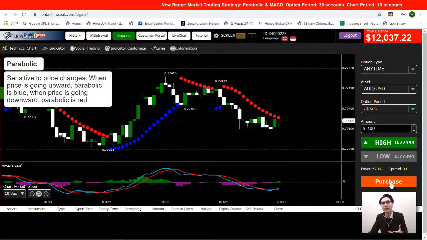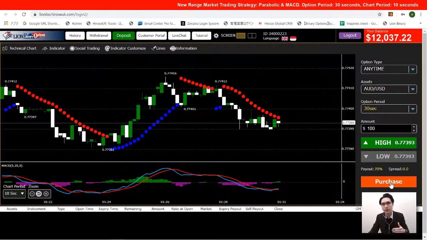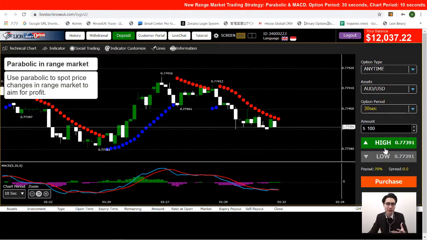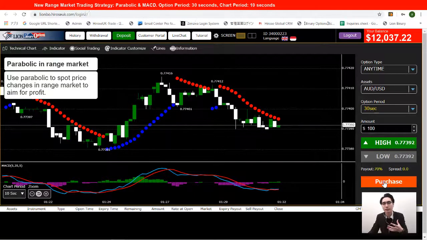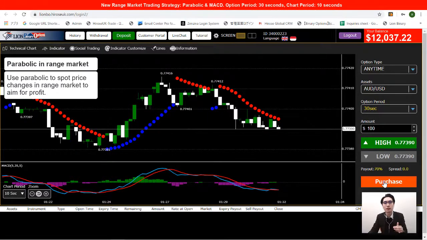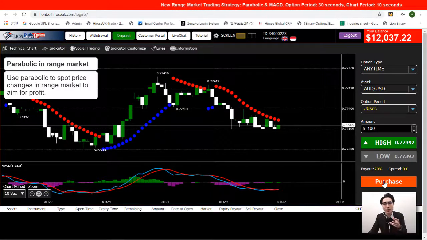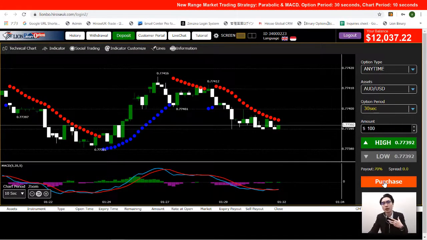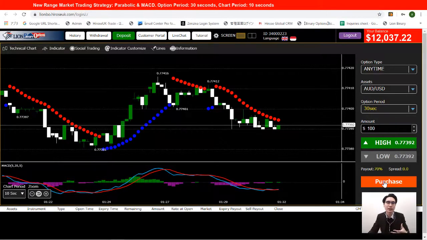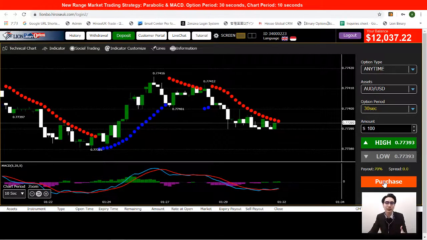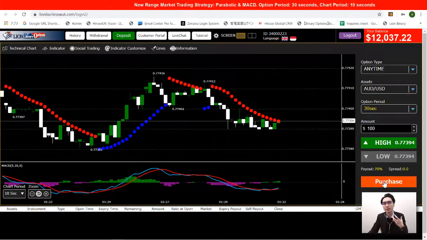If it goes down, it appears as a red dot. That fits the criteria of range market trading. So we want to find out where the price goes up and down. Those are the timings that we are looking for. And on top of that, we will use the MACD as a confirmation signal for the parabolic. So we confirm the bouncing points, and we can make a trade with these two indicators.